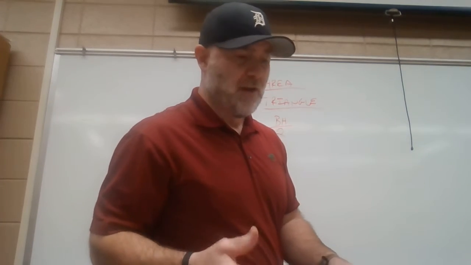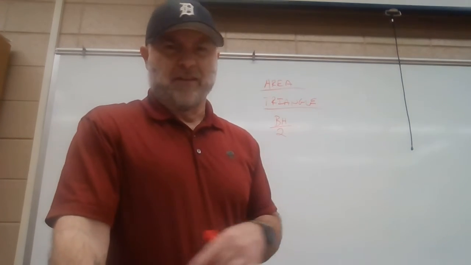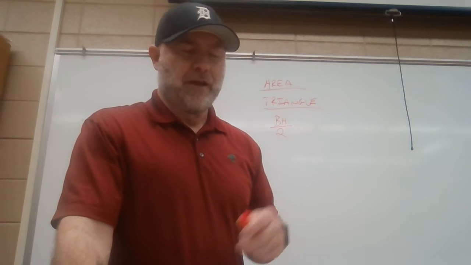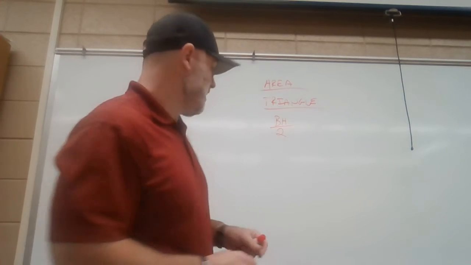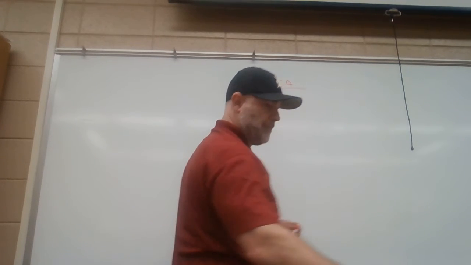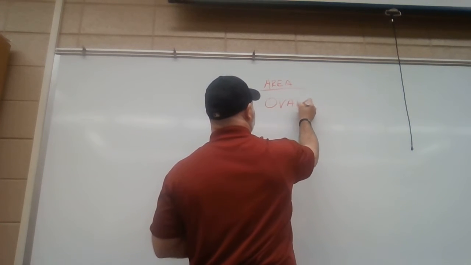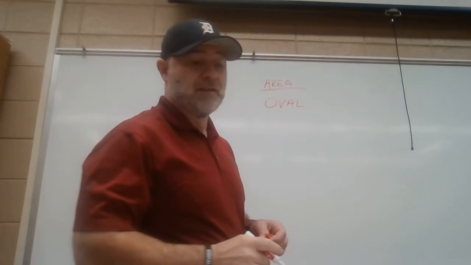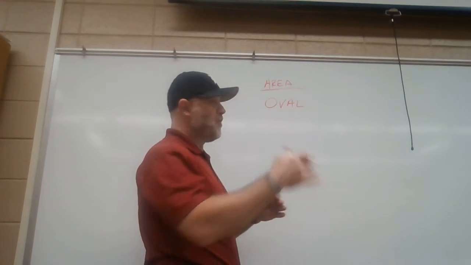And then the last one is an oval. This is just the simplest way to do it. If you get online, there's a ton of different stuff. I'll show you how to do an oval, but for our purposes in turf grass, we're going to do an oval like this. An oval is as simple as length times width, just like a rectangle.